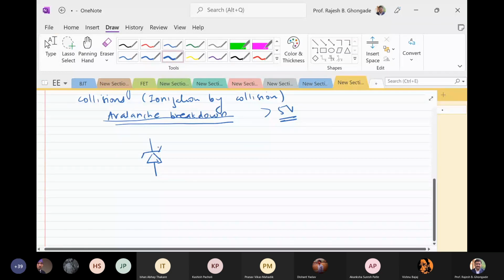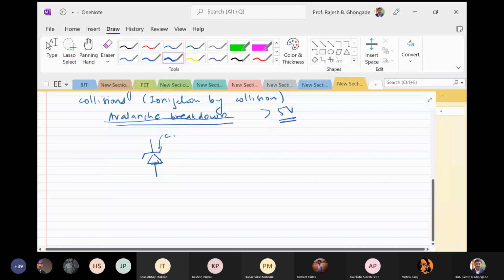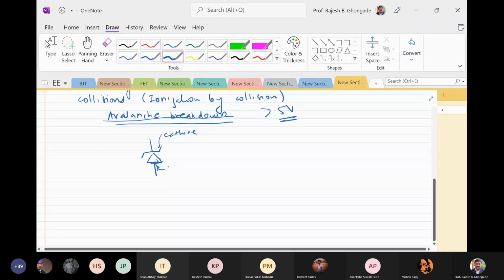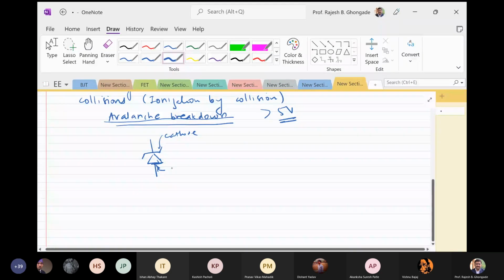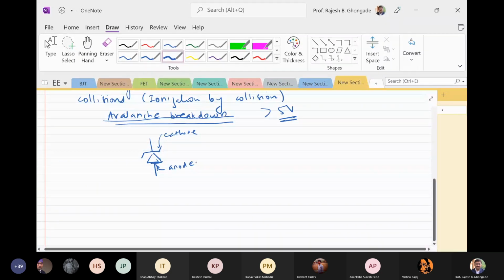So you have this symbol for the Zener diode. This is again the cathode, and this is again the anode. Right. Now, if you look at the characteristics of the Zener, let us quickly see.